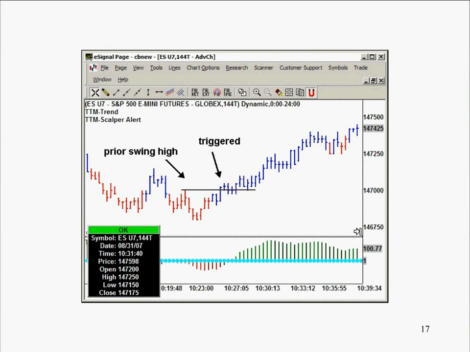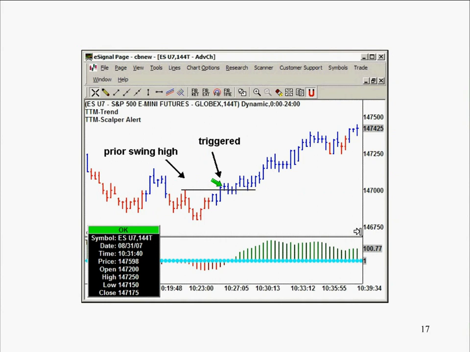Here's where the low was made into the first price cluster zone. And here's the first prior swing high that got triggered, right over here. Okay, and again, the bars turned blue when we took out this prior swing high over here.